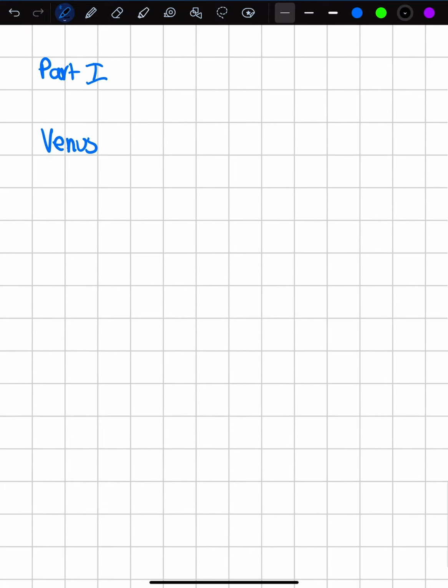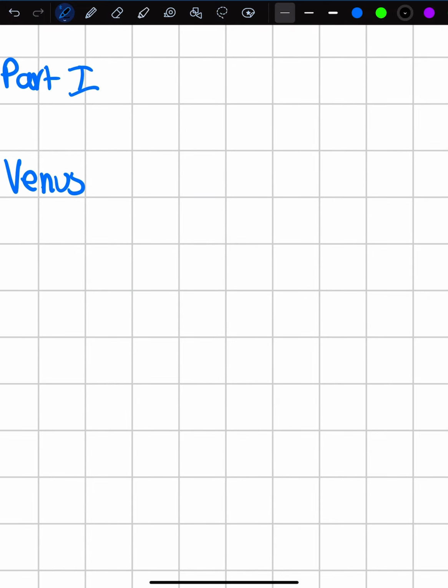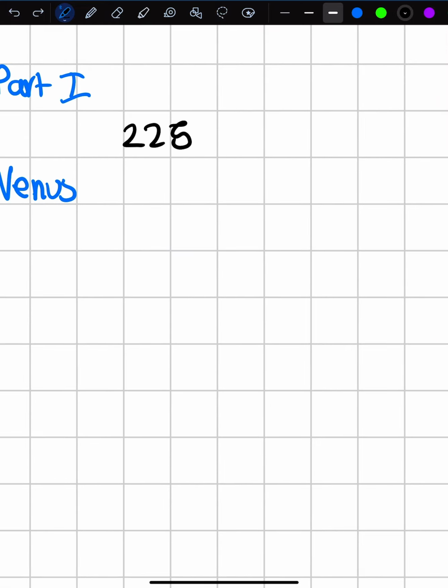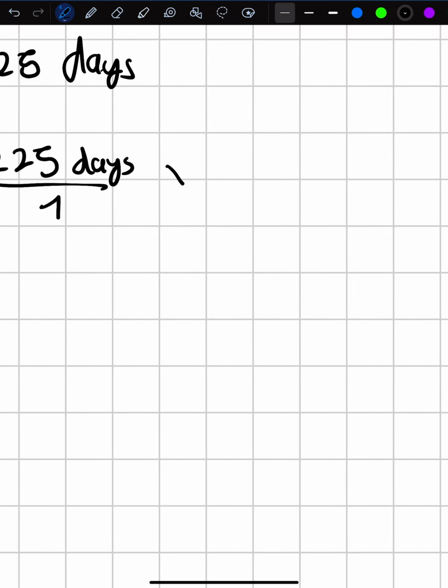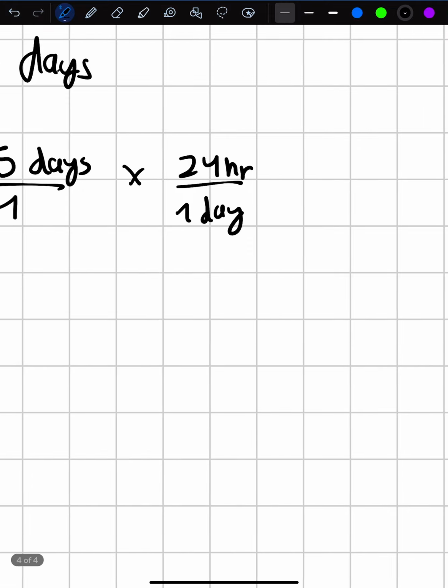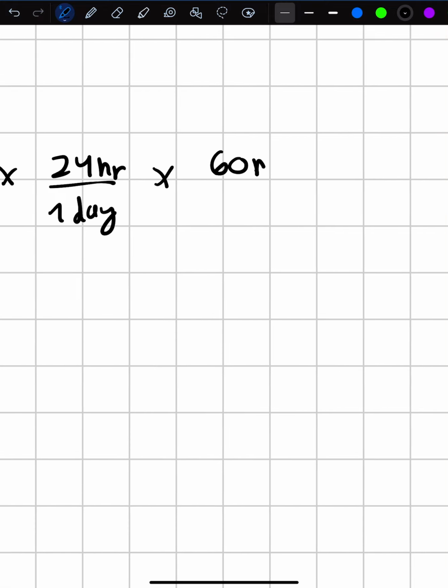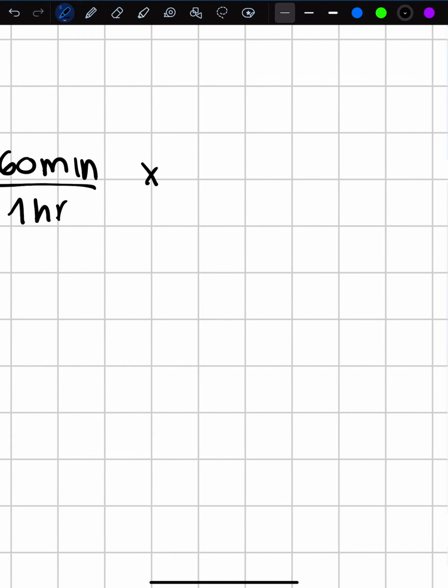Venus has 225 days. So we're just going to do the conversion of that. Let me start right here. 225 days over 1, times 24 hours for 1 day, times 60 minutes, since we're going closer to seconds, times 60 seconds over 1 minute.